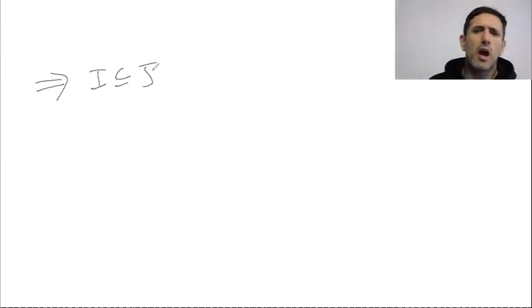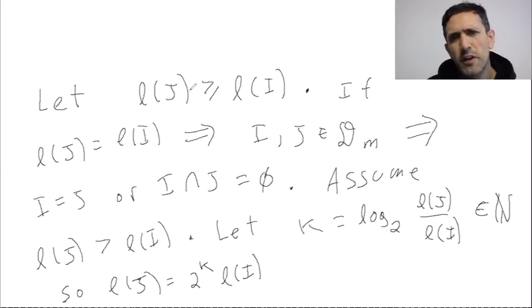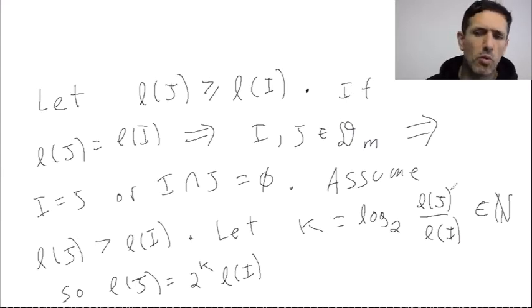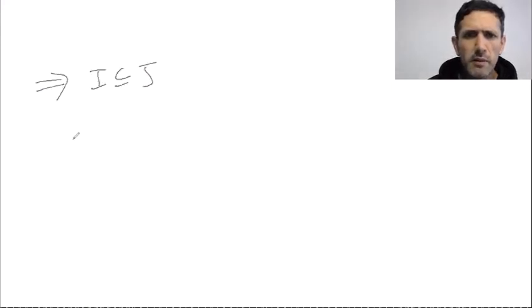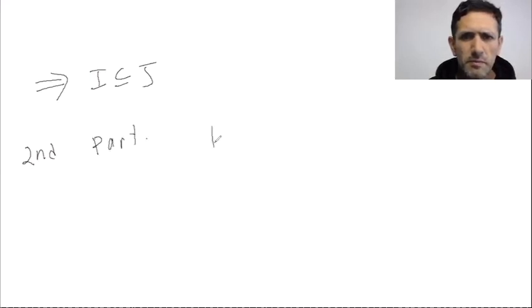Right. And, you know, if the length of I is bigger than the length of J, it's basically the same thing, just swap the roles. So, right. And the second part we've basically already proved. So I'll just emphasize.